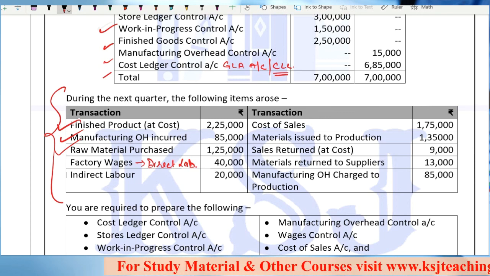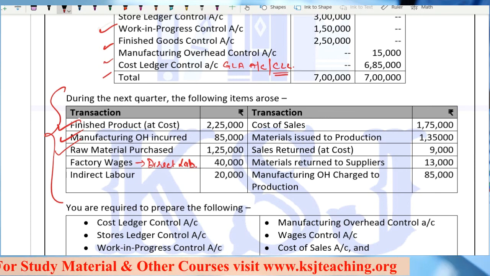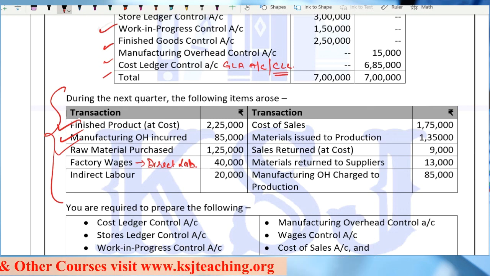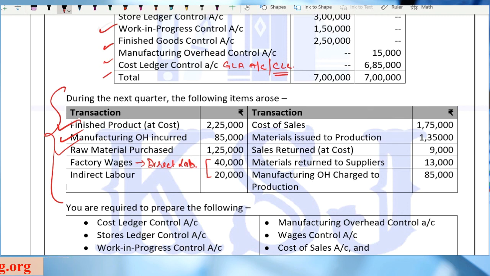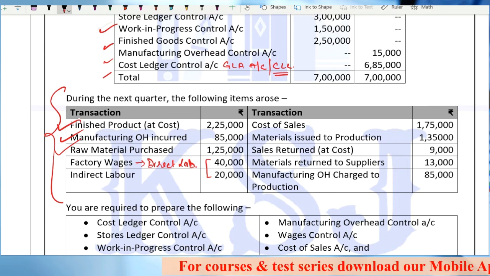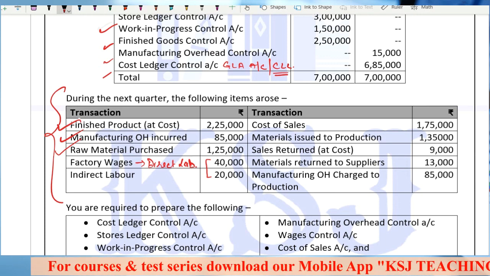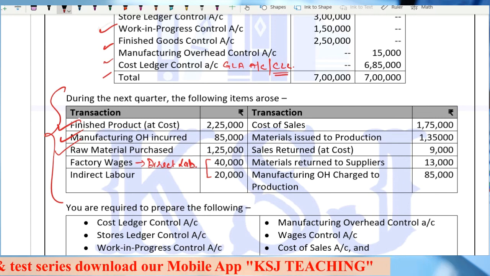So what is the first entry in case of wages? The first entry is we are paying the total wages, that means the total of direct and indirect, 60,000. The first entry is the payment of these wages, right? What is the entry for that? Entry is wages control account debit to GLA account, right?